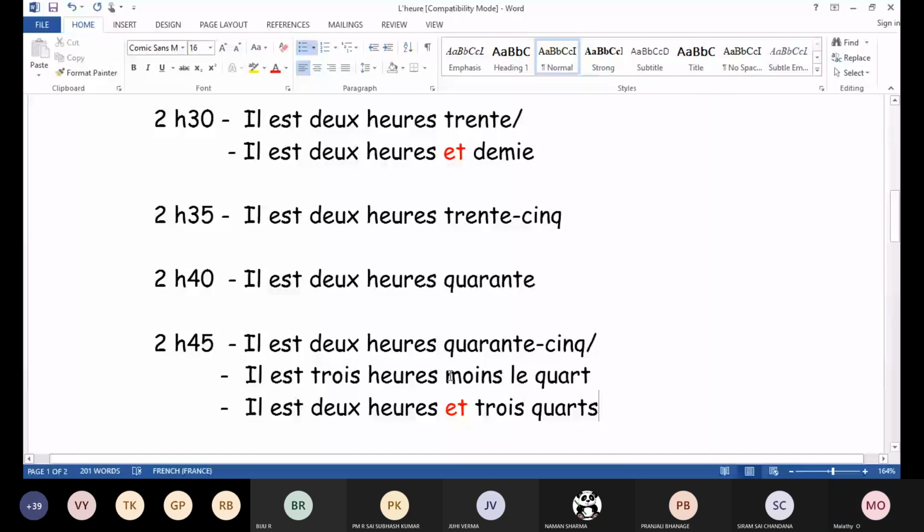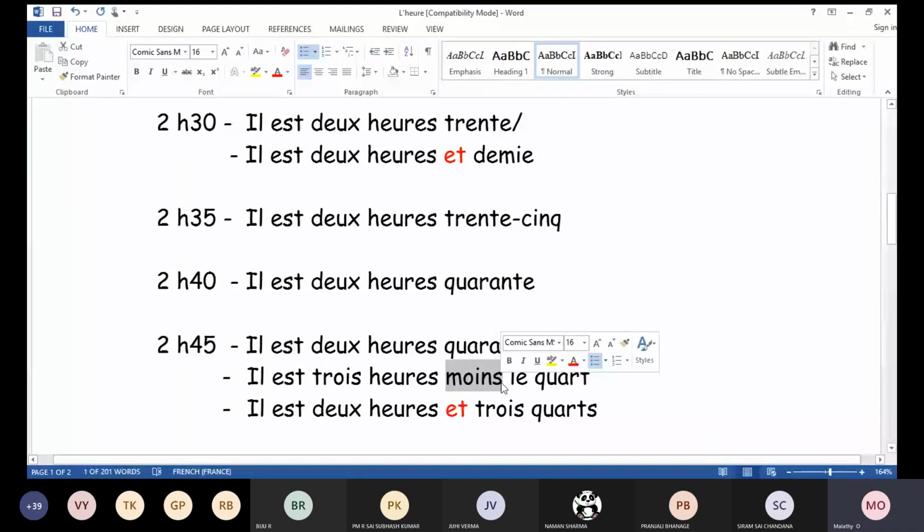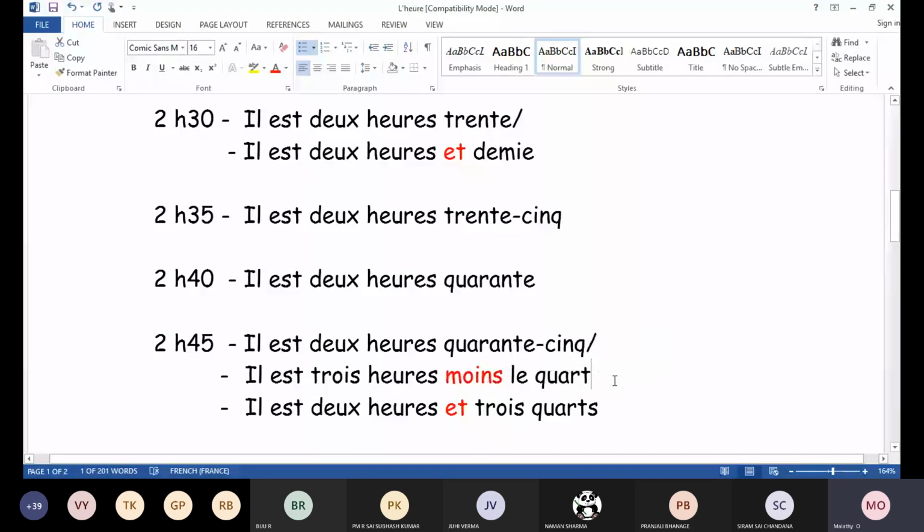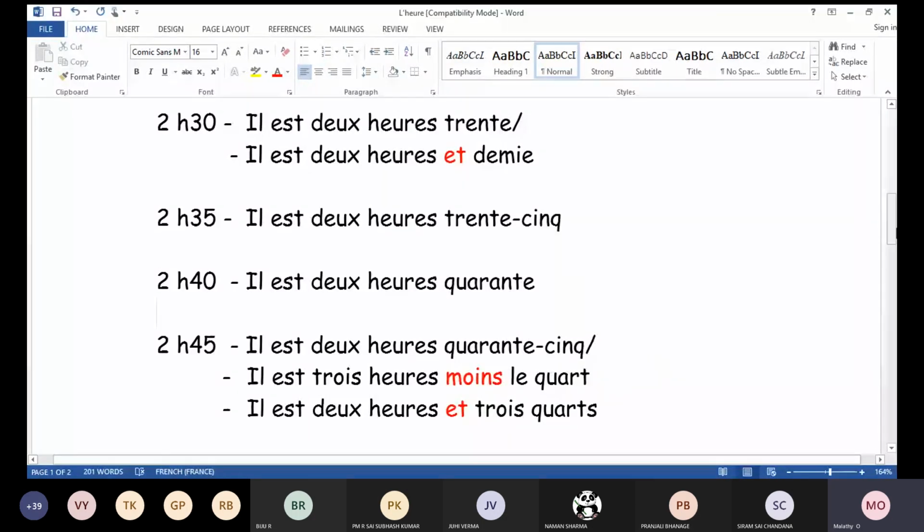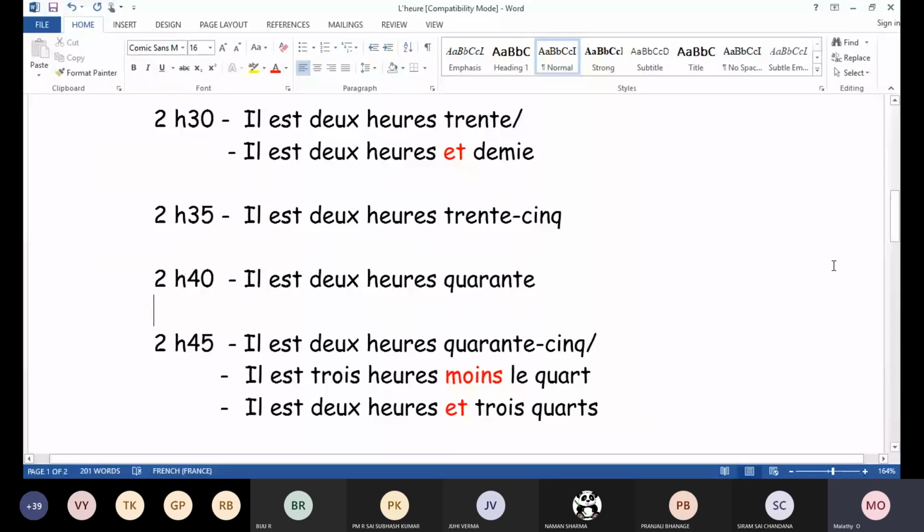So it's used only in certain timings. You don't use the word moins throughout. You say it when the time passes 40 minutes. When you pass 40 minutes, you can say less 20 minutes, less 15 minutes, less 10 minutes, less 5 minutes, likewise.